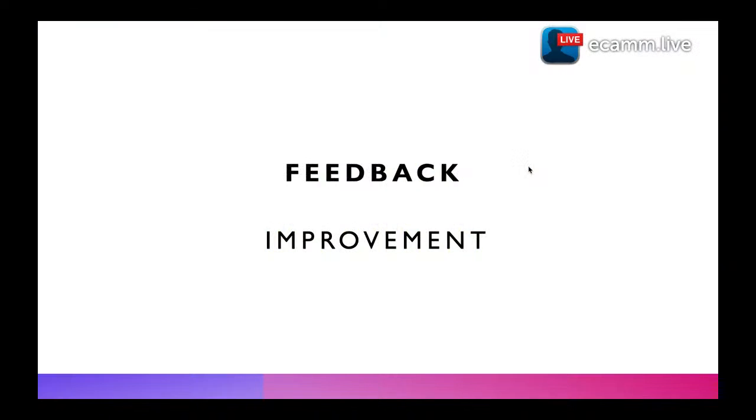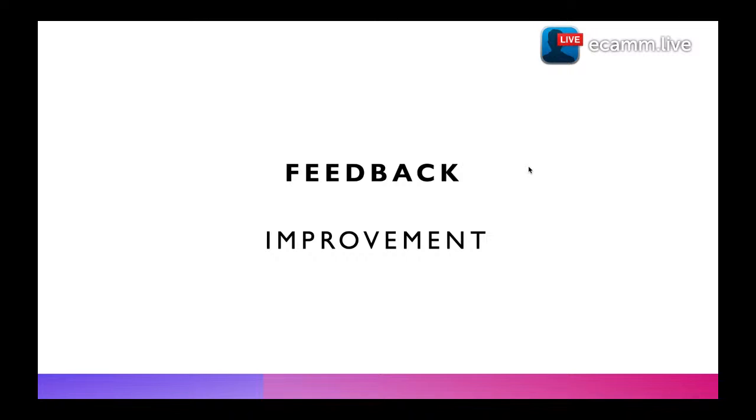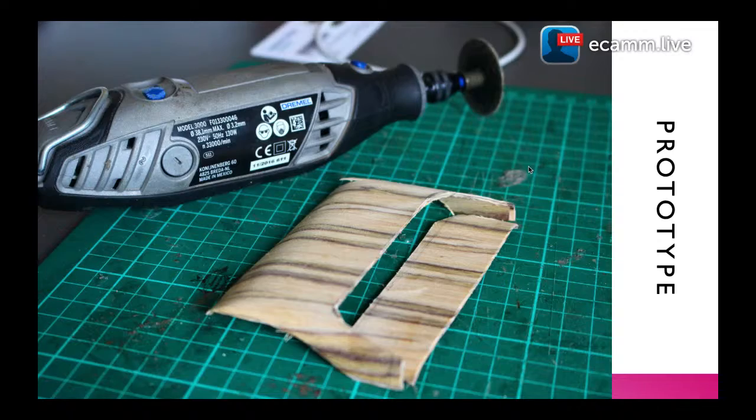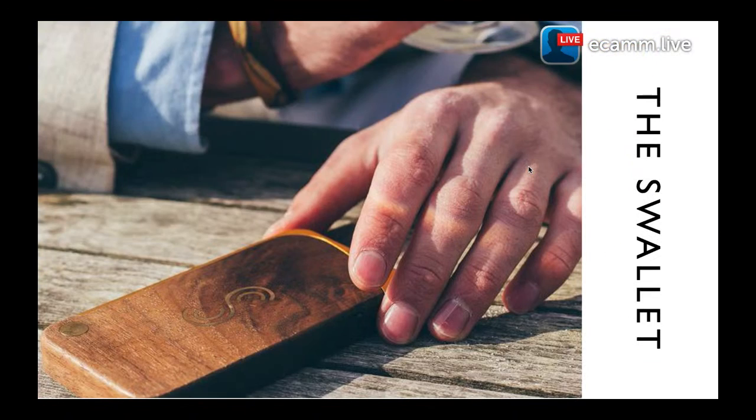Once you've got the initial prototype, you give it to people for feedback and to improve. One thing that I found, for instance, with the Swallet, this Swallet over here, is that the magnet just wasn't strong enough. There's a magnet inside that connects the top cover and the bottom wooden base, so when you shut the top cover, it's meant to stay shut.